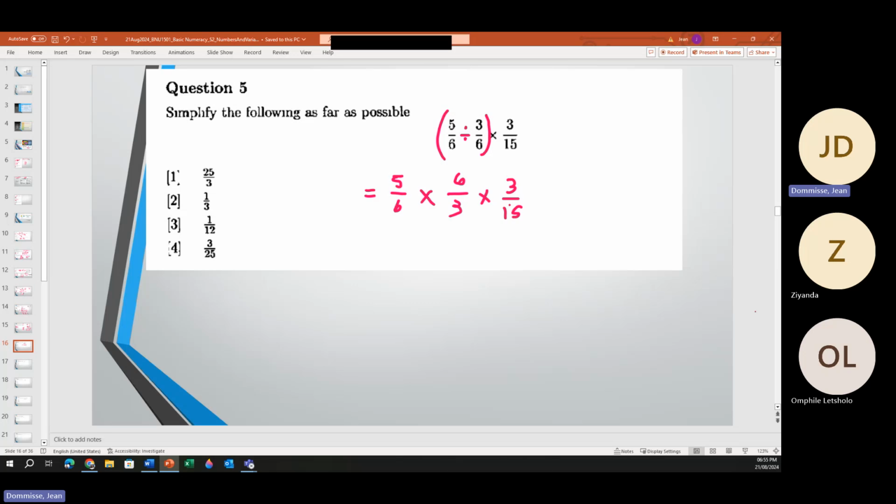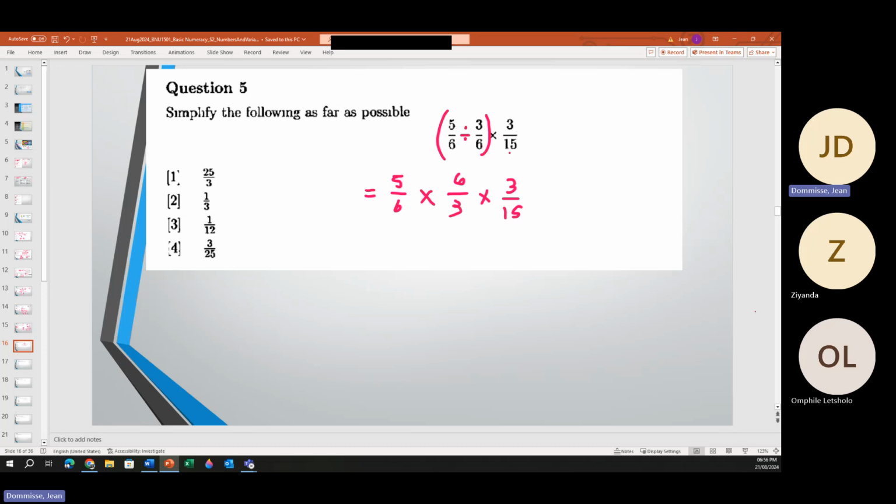But then just remember that our calculator, if you put everything in, it will not see which order it needs to do first.